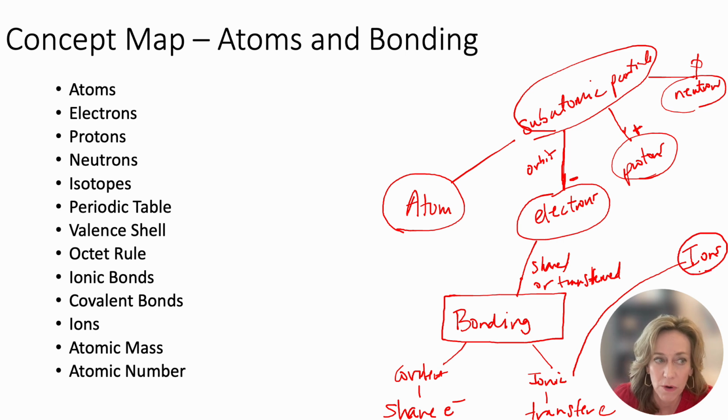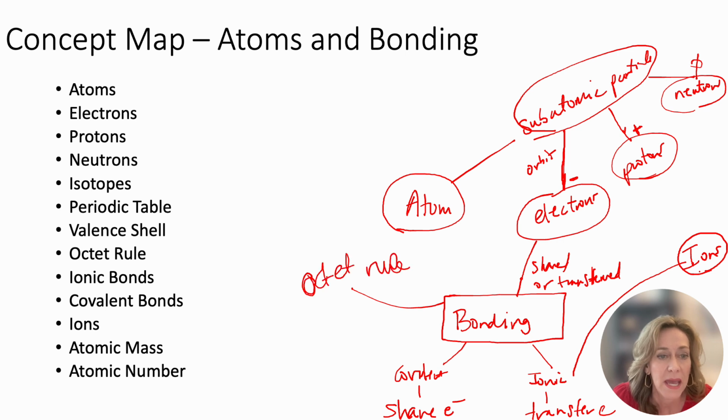Ions are what form an ionic bond, right? When atoms transfer electrons, you're going to end up with a positively charged ion, which is a cation, and a negatively charged ion, which is an anion, and the attraction of those two, right, that's what forms the ionic bond, okay?